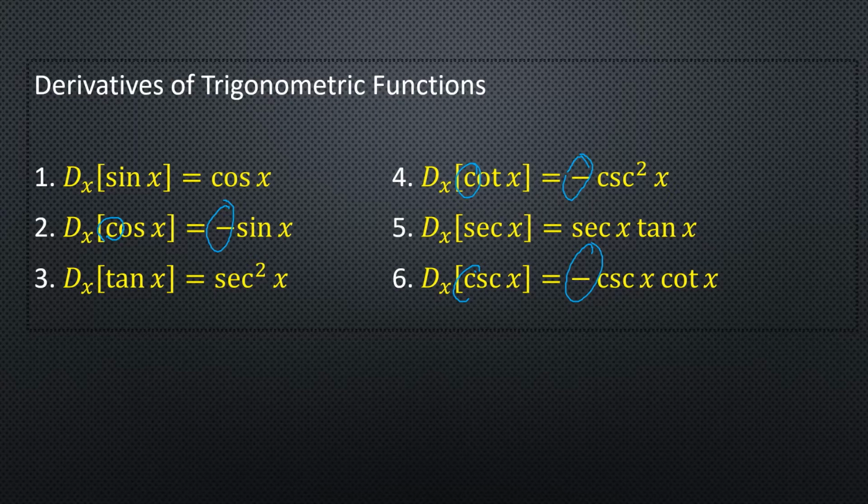Also, you will notice that when you talk about secant x and cosecant x, it's a product of secant x, tangent x, and cosecant x, cotangent x. The partner of tangent x is secant. So just like this, it's secant x tangent x. They are partners. So C and C, cosecant x and cotangent x, are also partners.